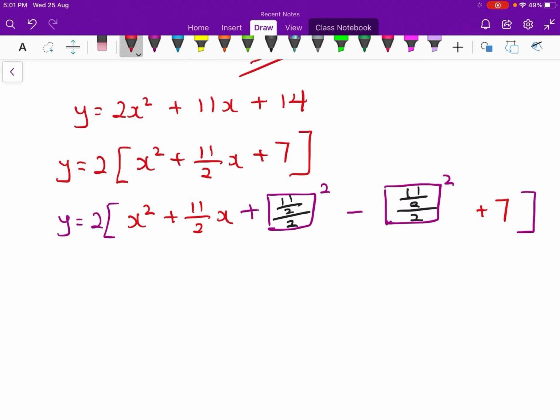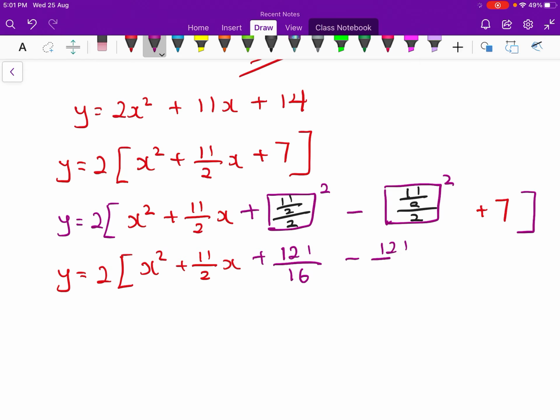Okay, so y is equal to 2, put a bracket, x squared plus 11 over 2x, then you calculate whatever is inside the box. So it's plus 121 over 16, then minus away the same thing, then plus a 7 there.